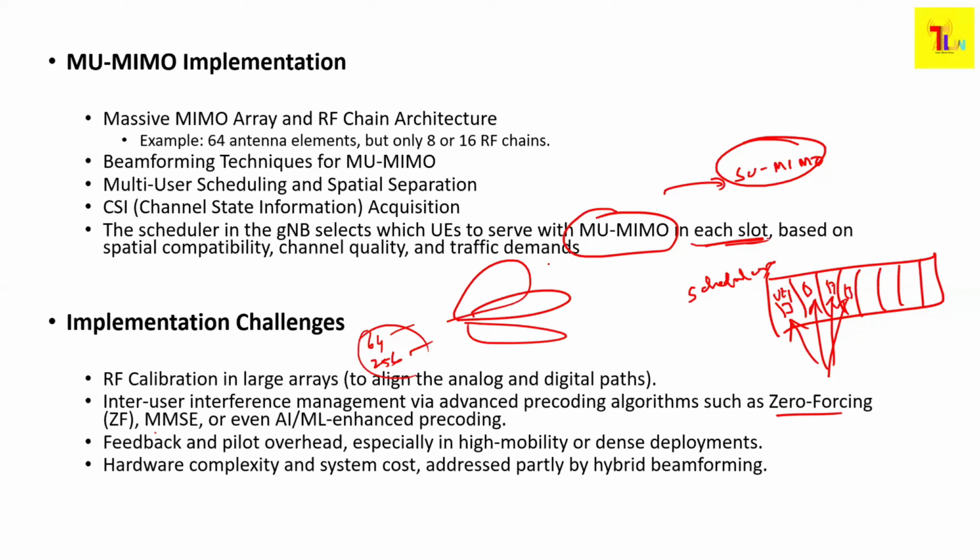There might be a possibility that one UE might detect this beam instead of this, right, due to interference. So that is very critical. So all this zero forcing and MMSE is already there, but you need some advanced enhancements to these existing algorithms. Also make use of AI/ML based precodings, right?